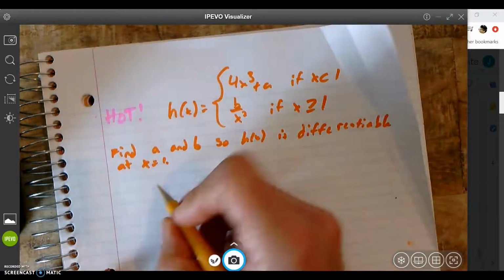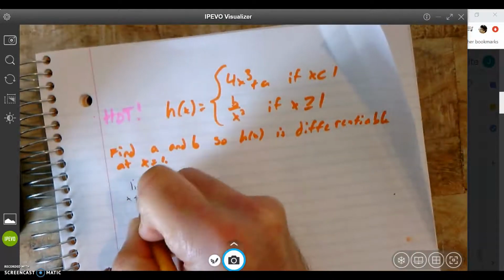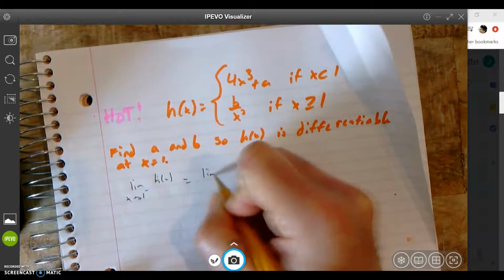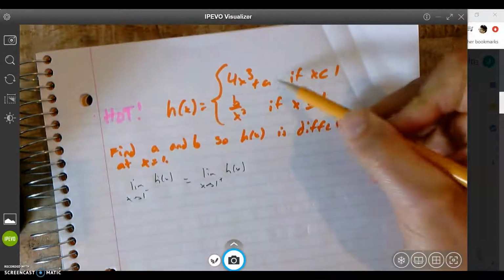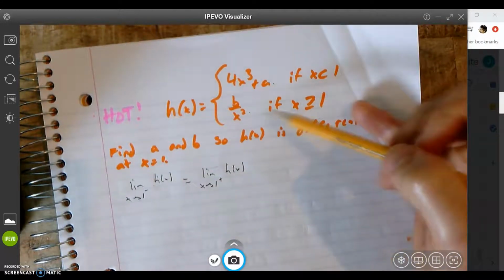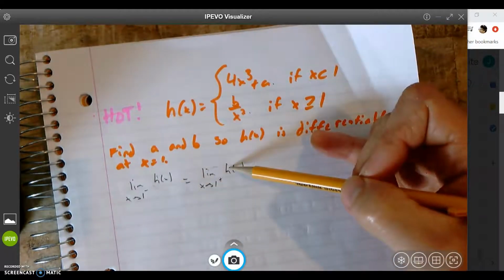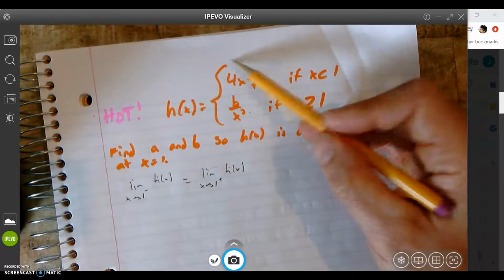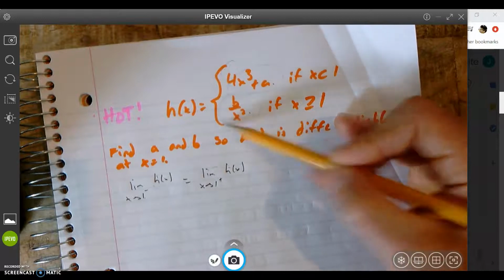All right, cool. So what you essentially are doing is the limit as x approaches 1 from the left of h of x, and the limit as x approaches 1 from the right of h of x. So when you have stuff like this with the variables, you just have to know that the y value has to be the same for it to be differentiable, or for the limit to be the same. That's the first thing. So that would mean that when I plug in 1 here, it has to equal the same as when I plug in 1 here.